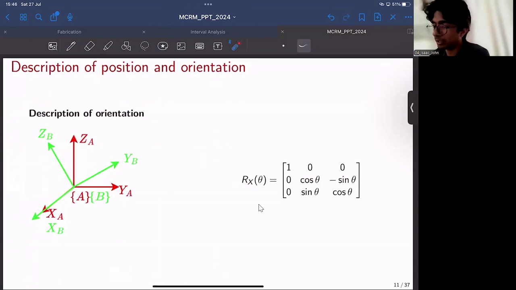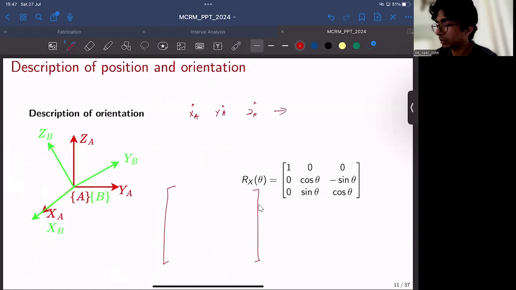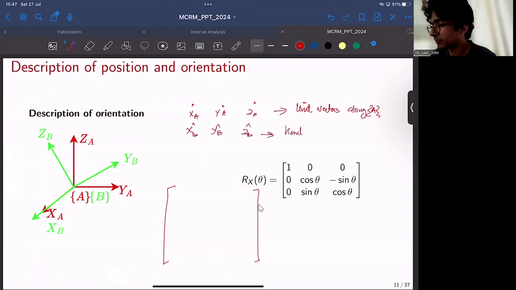So we do this by expanding this matrix. For example, if you consider XA, YA, and ZA to be unit vectors along the A axis, and XB, YB, and ZB are the unit vectors along the rotated B axis, how would we describe the orientation of frame B with respect to frame A?